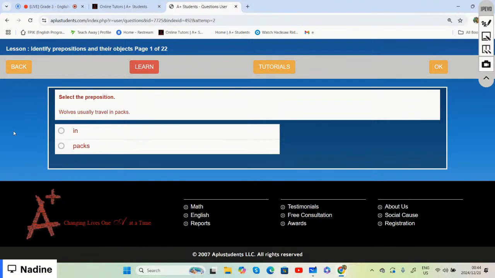Remember the preposition, not the object of preposition, only the preposition. Remember the preposition comes before the noun.